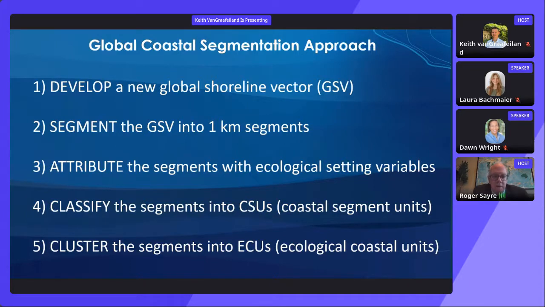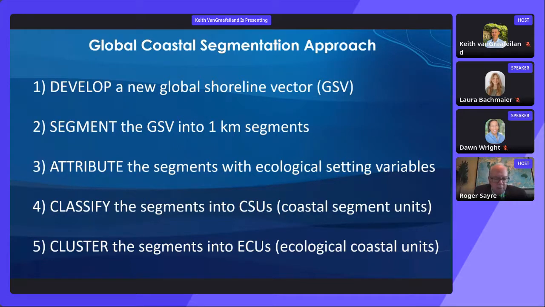Then we segmented that GSV into 4 million 1 kilometer or shorter segments. We then attributed each of those 4 million segments with values from 10 variables that describe the ecological settings within which the coastline occurs.